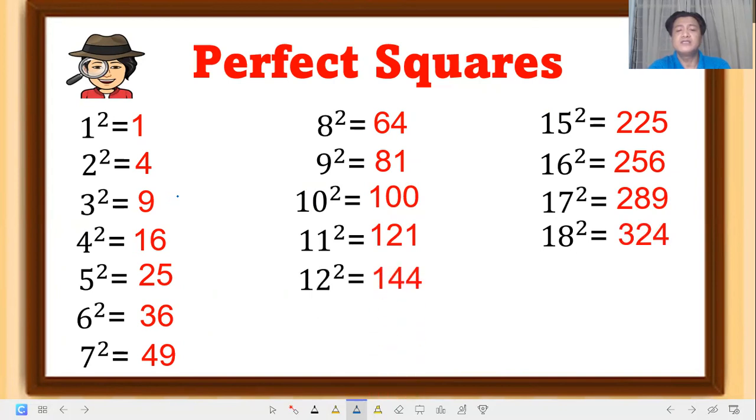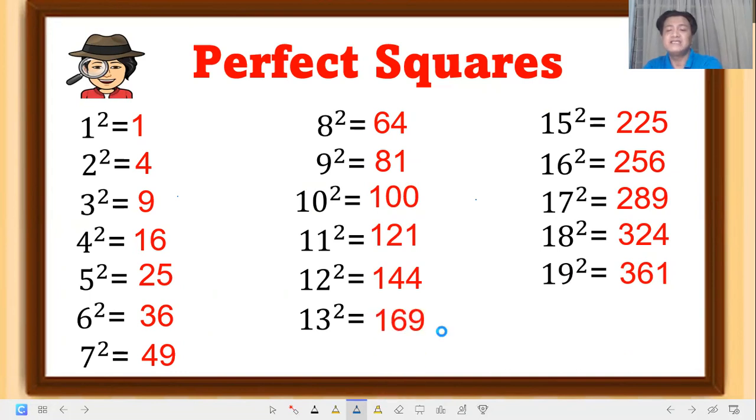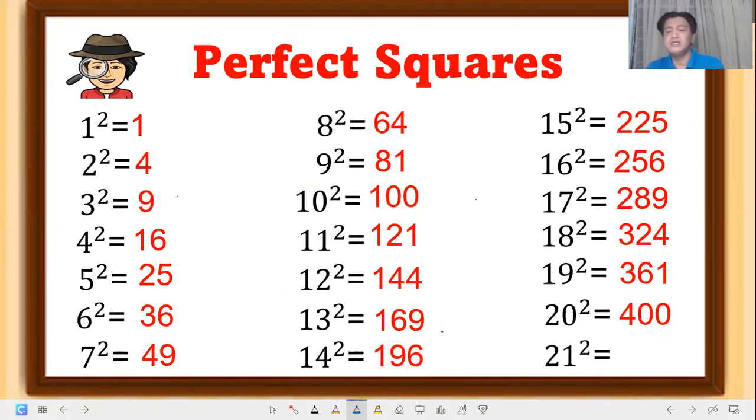So 12 squared, that is 144. 19 squared, that is 361. And that is 13 square, that is equal to 169. 20 square, that is 400. We have 14 square, 196. And 21 square, that is 441.